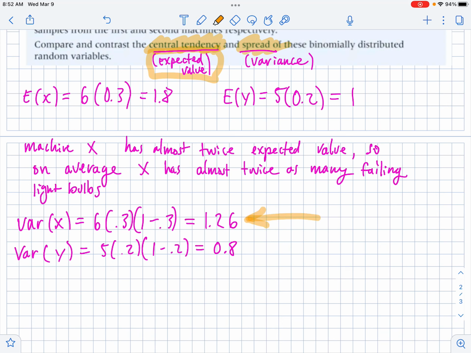So what this tells us is that machine, sorry, not machine A, machine X has a higher variance.